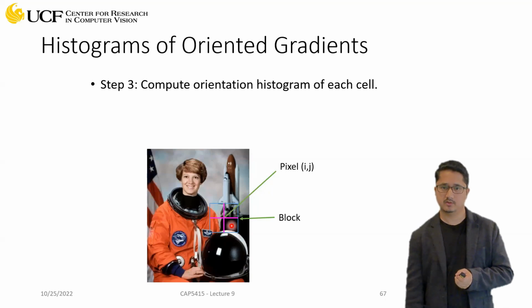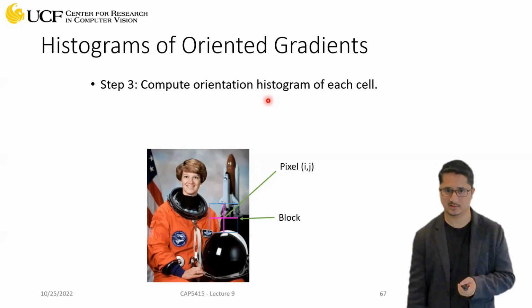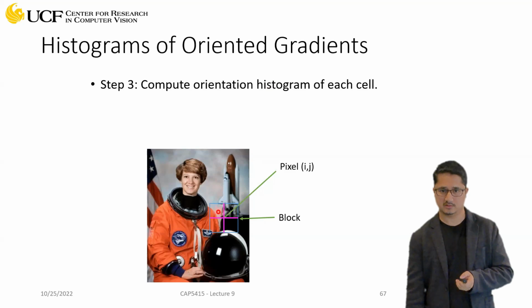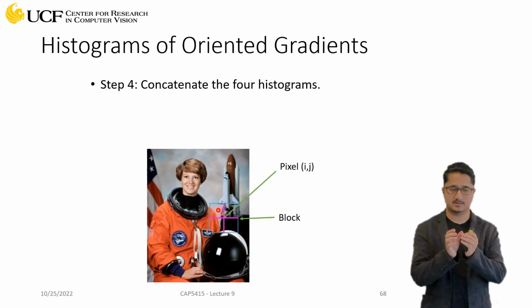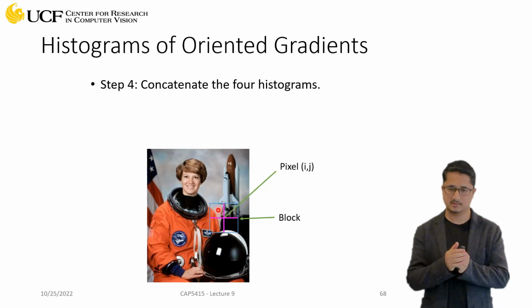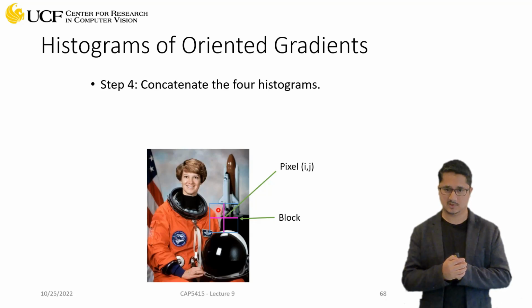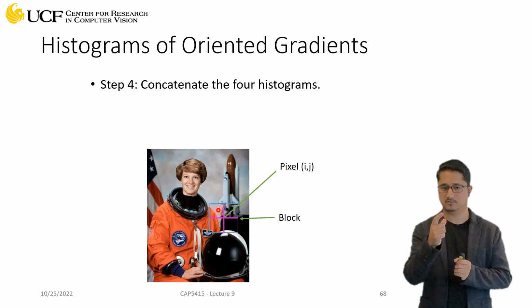Okay, now what we do is, for each cell inside this block, we simply compute an orientation histogram. And we'll talk about what an orientation histogram is. But you do that for each cell. You will do it for this first cell, second cell, third cell, fourth cell independently. Okay, and you just concatenate those histograms together. You know that a histogram is nothing but, let's say if you have 10 different bins, then the histogram is going to be 10 different numbers, because for each bin you will have some value.